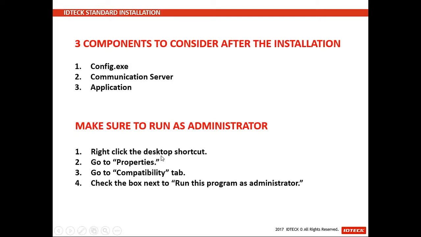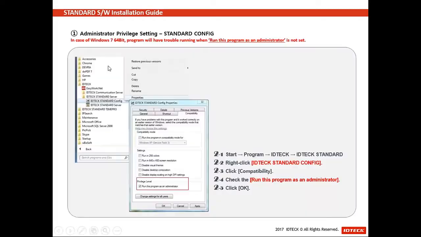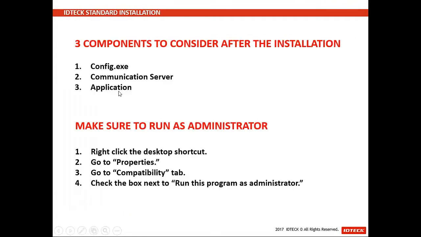What this means is that after installation is completed, you will have 3 different desktop icons, which are Config, Communication Server, and the application. You have to click each one of them. Right-click it, go to Properties, go to Compatibility tab, and you have to check the box to run this program as an administrator. Once the installation is completed, I will show you this.